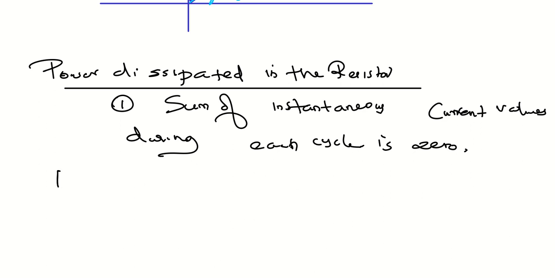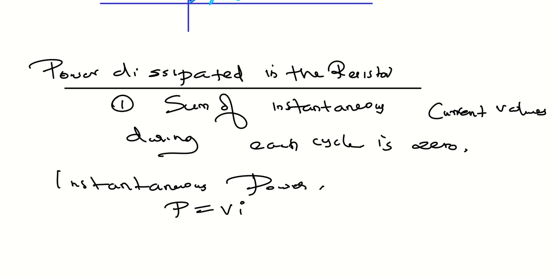So we next find the instantaneous power. What is meant by instantaneous power dissipated in the resistor? We know that P is equal to VI, we all know this equation.